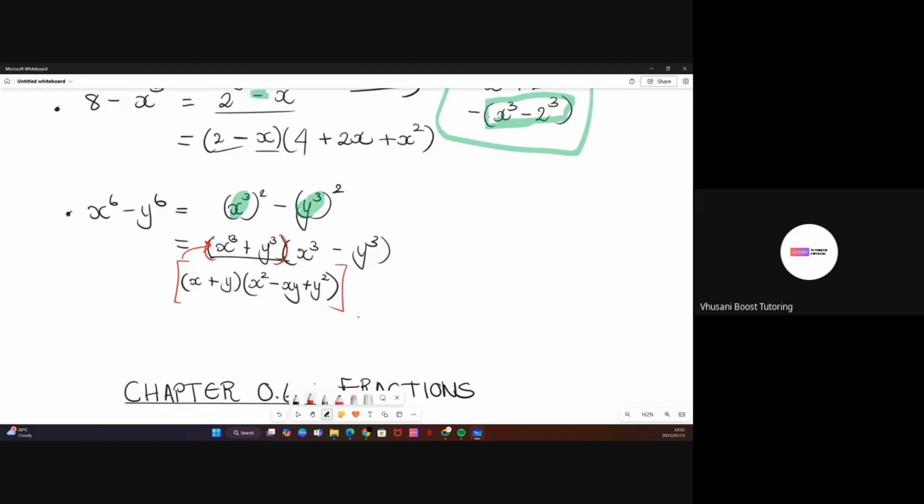And then we do the exact same thing for the second bracket. So for the second bracket, I'm just going to use a green color for it. This time around, I'm going to put a negative symbol in between. And then we'll have x squared plus xy plus y squared.